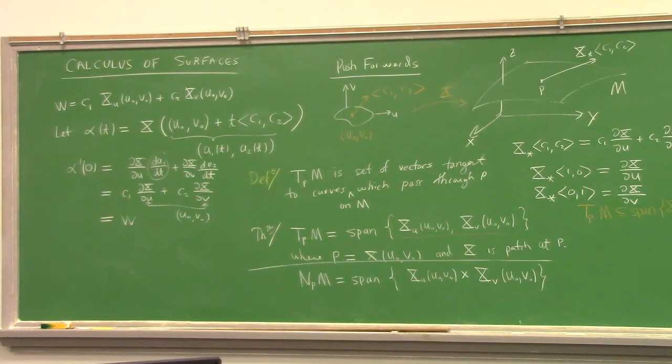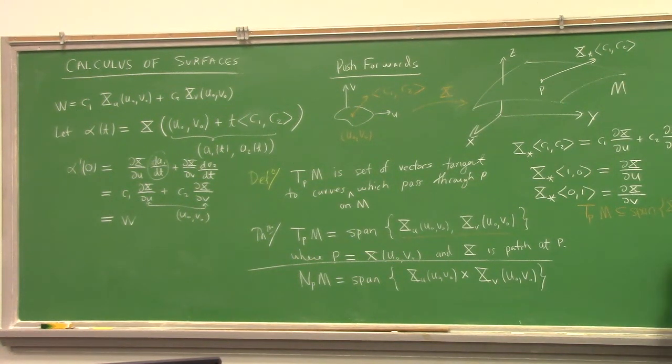Well, that's what it says. Fine. For each P in M is a tangent vector field. Tangent vector field to M.